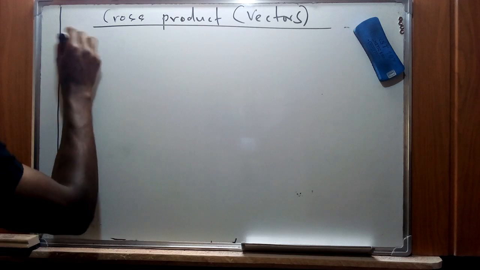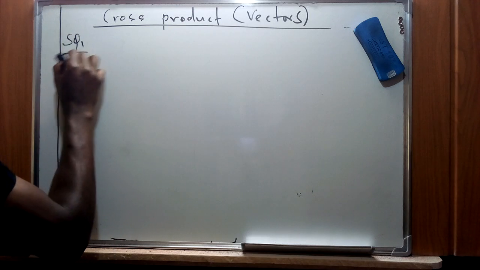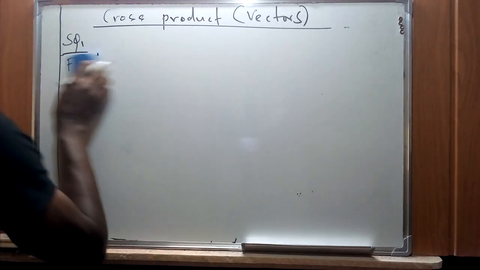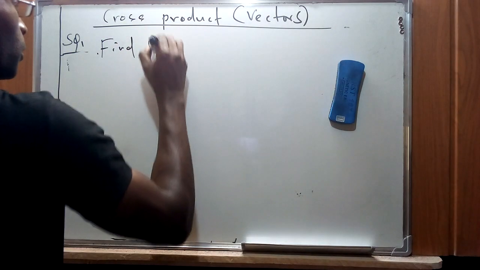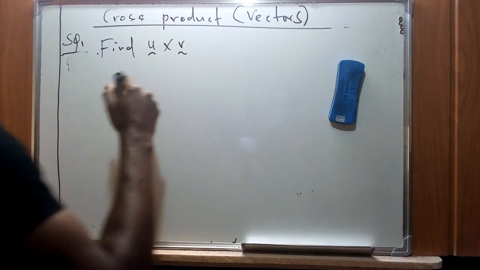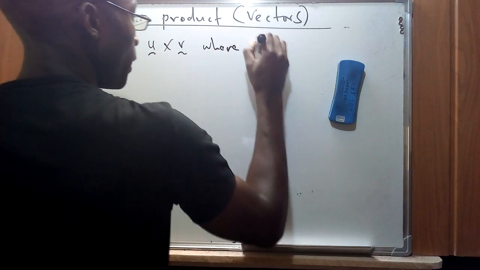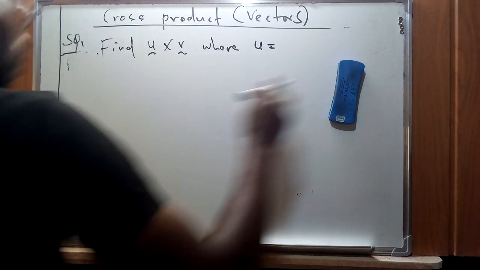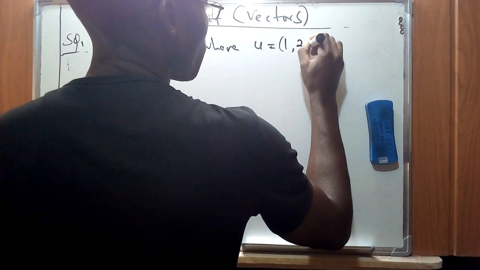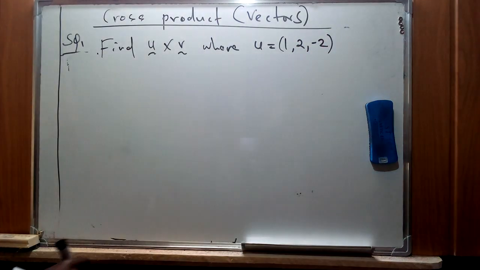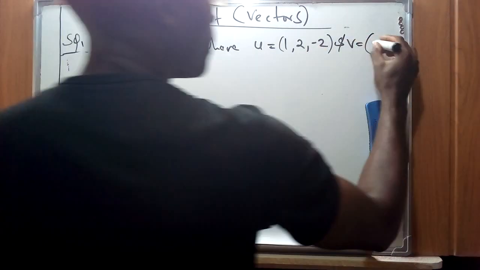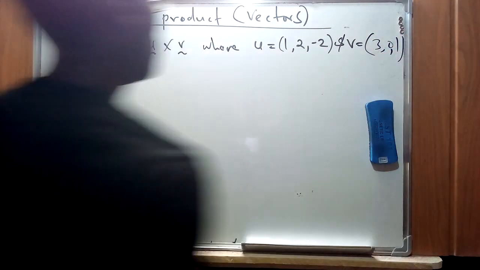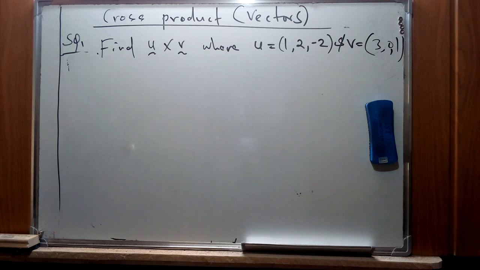Now if we are asked to find u cross v, where u is equal to (1, 2, negative 2), v is equal to (3, 0, 1). So those are the respective quantities for those two particular vectors.